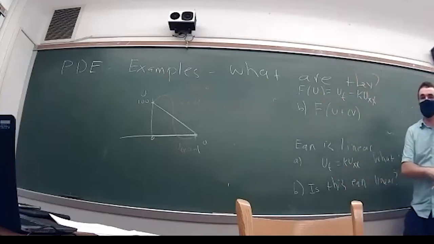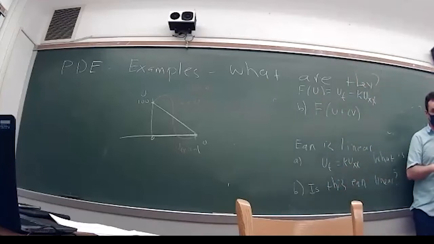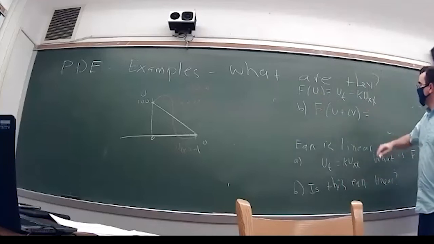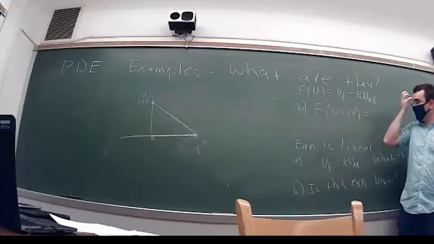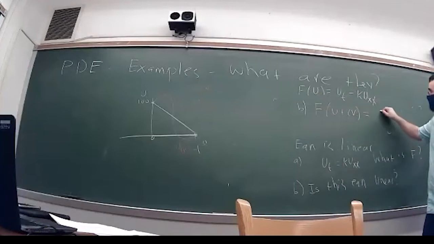The way that you would check that is you plug in a linear combination, a constant times u plus v, and you just see whether this is equal to f of u plus c times f of v, just by plugging in.